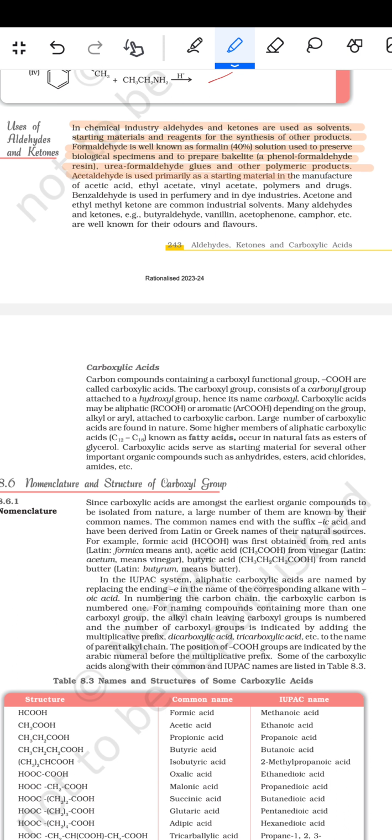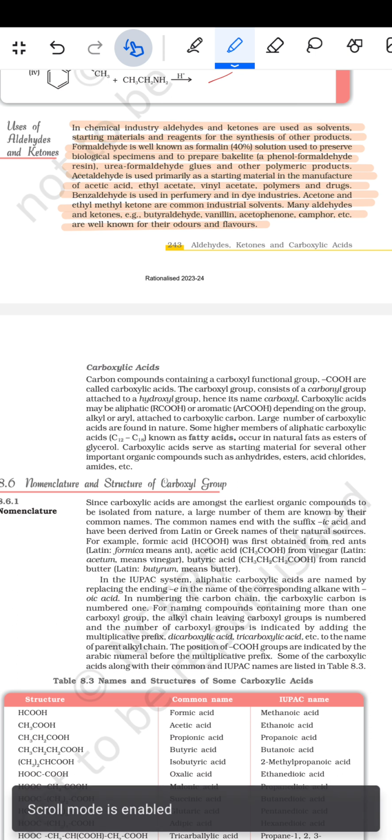Acetaldehyde is used primarily as a starting material in the manufacture of acetic acid, ethyl acetate, vinyl acetate, polymers, and drugs. Benzaldehyde is used in perfumery and in the dye industry. Acetone and ethyl methyl ketone are common industrial solvents. Many aldehydes and ketones, for example butyraldehyde, vanillin, acetophenone, camphor, etc., are well known for their odors and flavors.